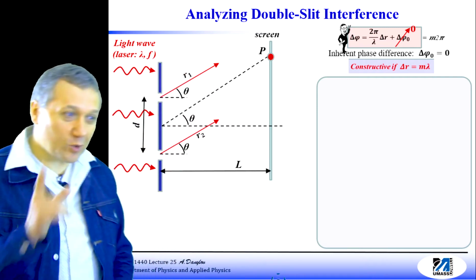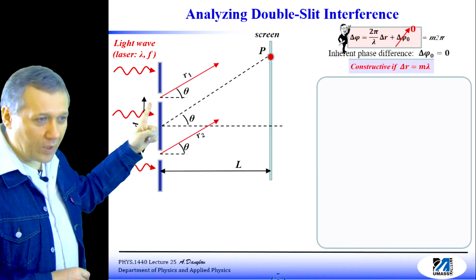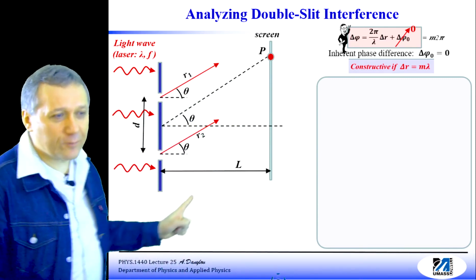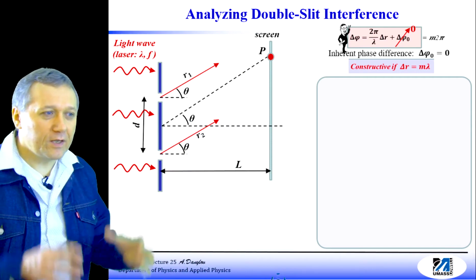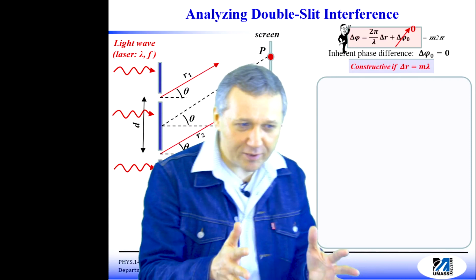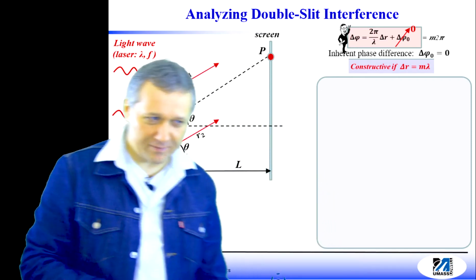So 2.5 meters to the screen, and less than half a millimeter between the slits. It means that if you draw carefully R1 from this slit to the point on the screen, and from this slit to the point on the screen, you will never be able to see the difference between their directions. For you, they will look like two parallel lines.